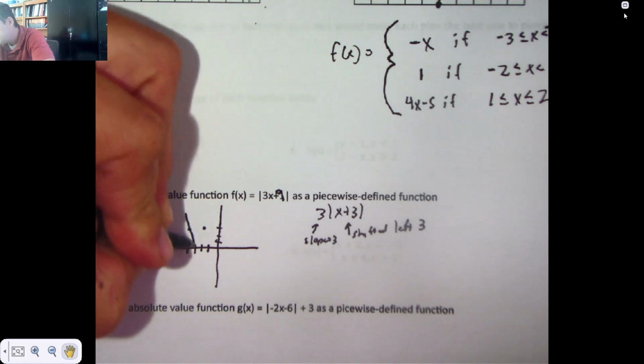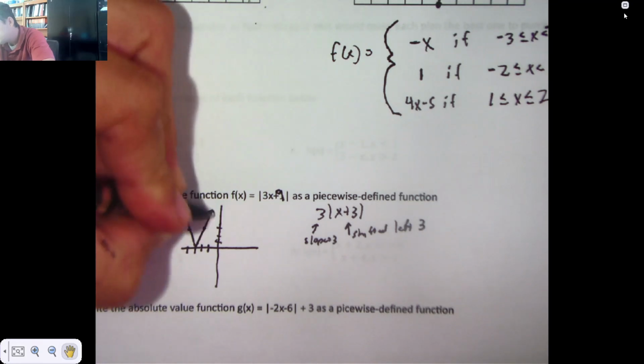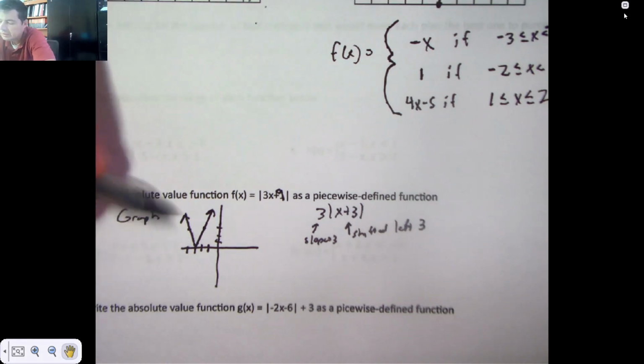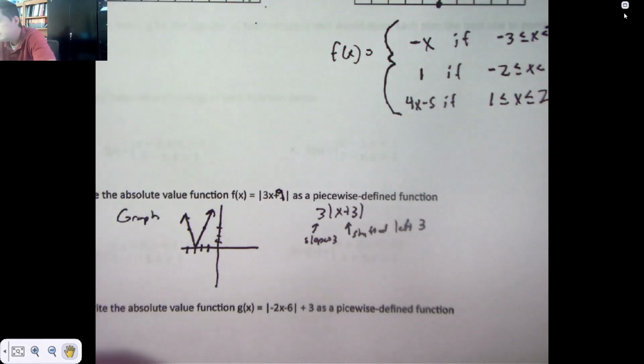Now, when you do that, you can clearly see that this thing has two parts. You've got a left tail and a right tail, and they can both be thought of as lines. It won't be too bad, actually. It's really easy.